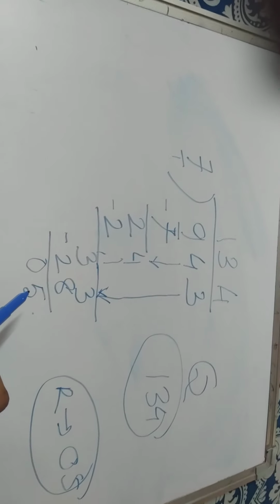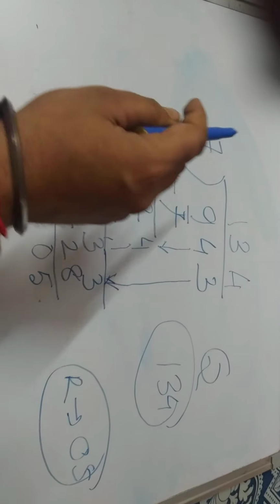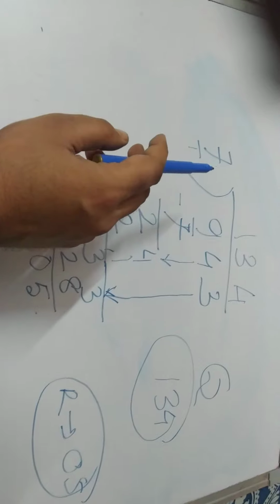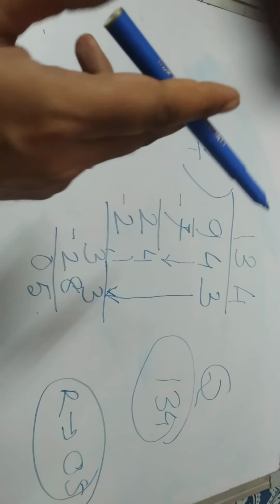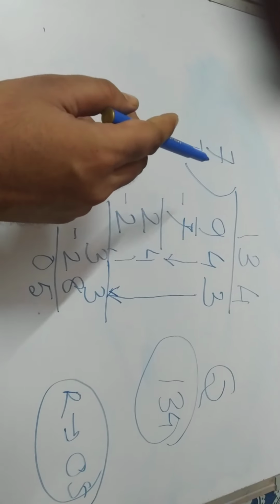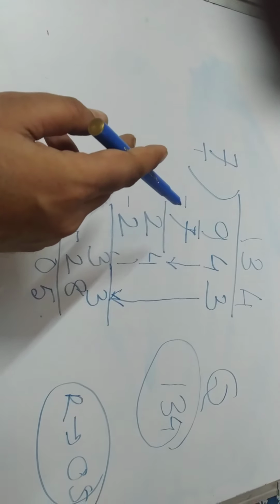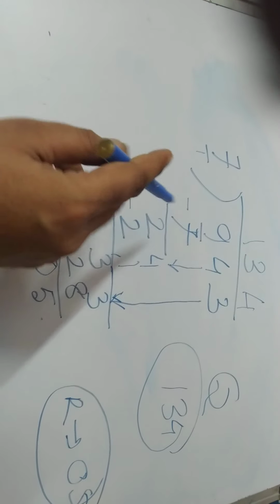And always keep in mind this trick. The remainder should always be less than this divisor. Anytime this remainder in any step is bigger than this divisor, then you are doing something wrong.